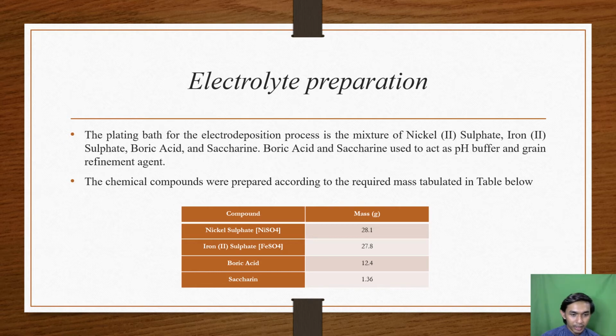For the nickel sulfate, the weight that I use is 28.1 gram. For the iron sulfate, I use 27.8 gram, boric acid 12.4 gram, and saccharin 1.36 gram, mixed into the solution for my electrodeposition process.